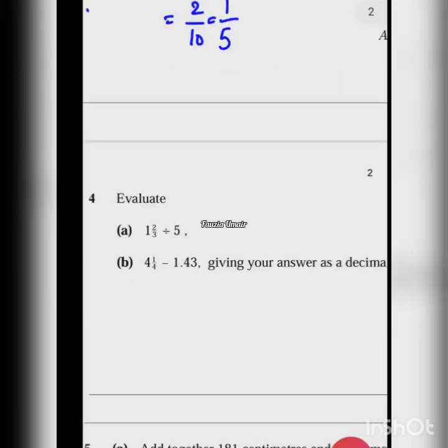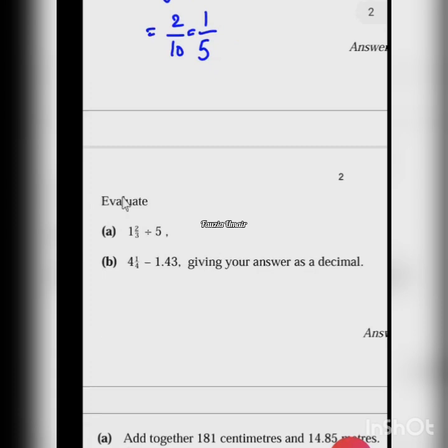So beta, next is evaluate. So evaluate 1 whole 2 by 3 divided by 5. 1 mark question again. How to solve this question?